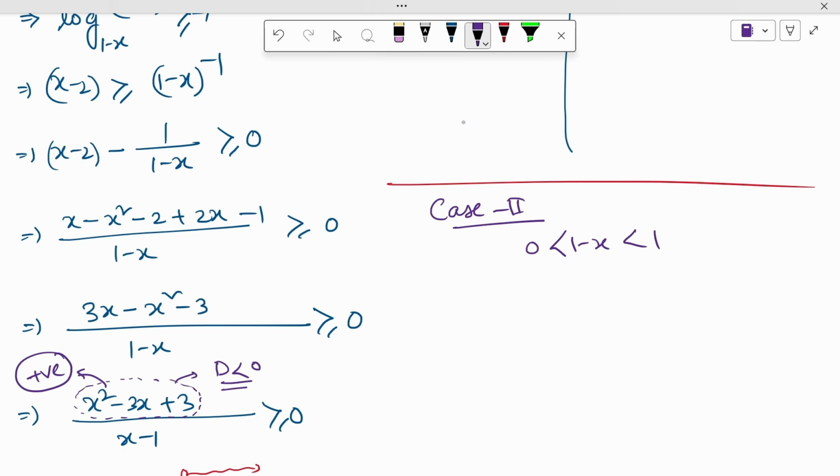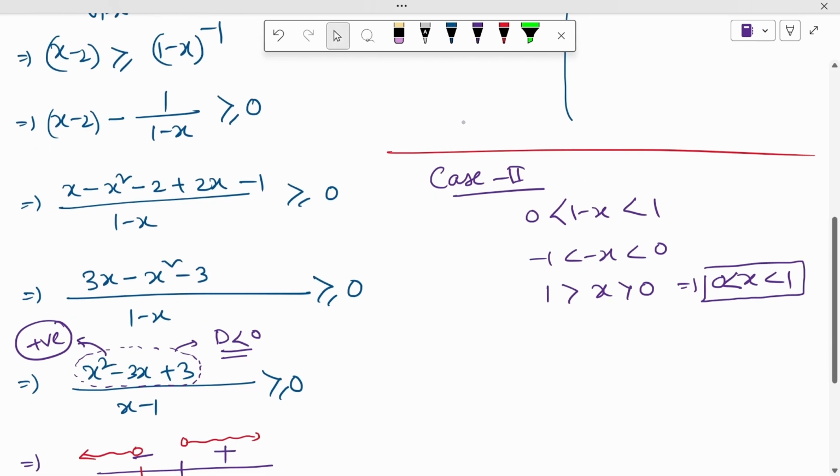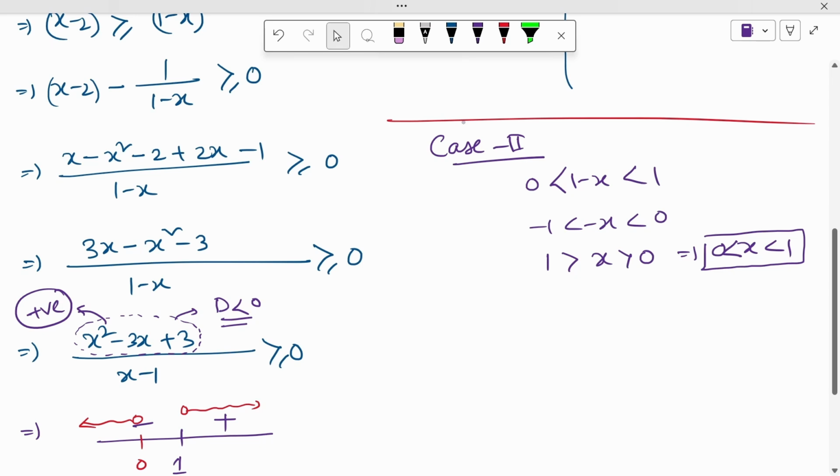So now if I find the value of x from here, it will be minus 1 less than minus x less than 0. Let's multiply with minus, the inequality gets reversed, then it will be 1 greater than x greater than 0. So this is basically x greater than 0 and less than 1. And in this condition, the function behaves like a decreasing function.